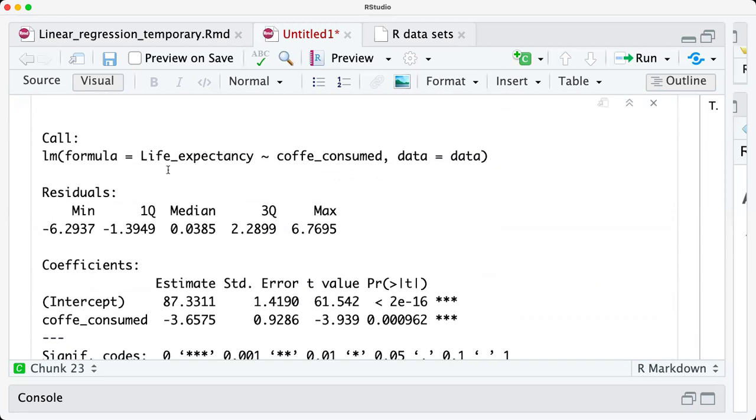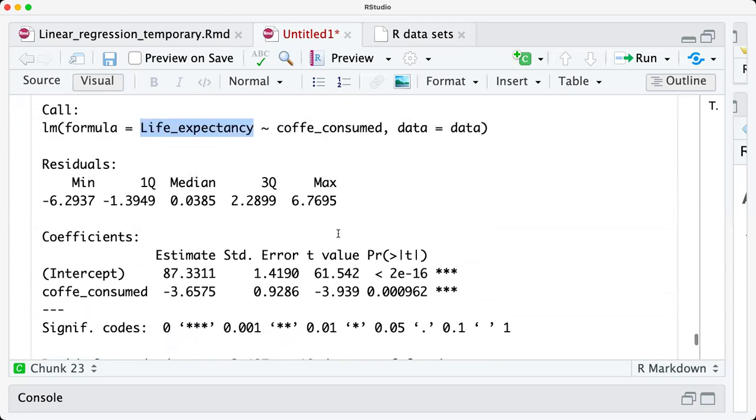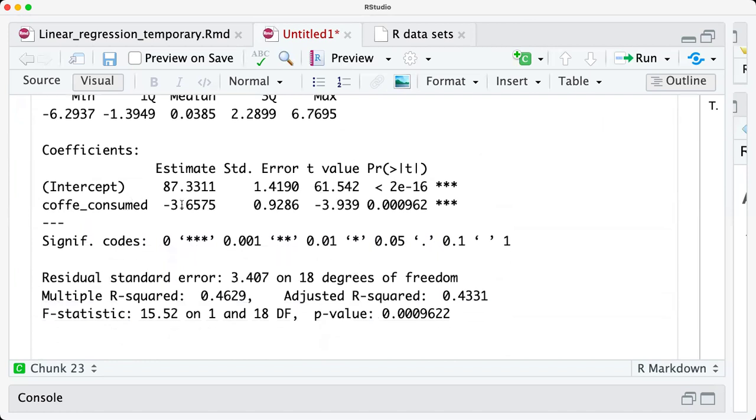So we look first only at the model in which I try to predict the life expectancy using the coffee consumed, and we see that there is an effect: the coffee consumed influences negatively the life expectancy.